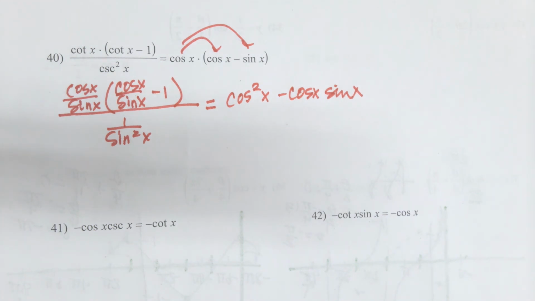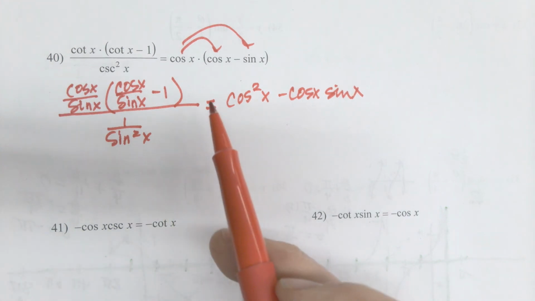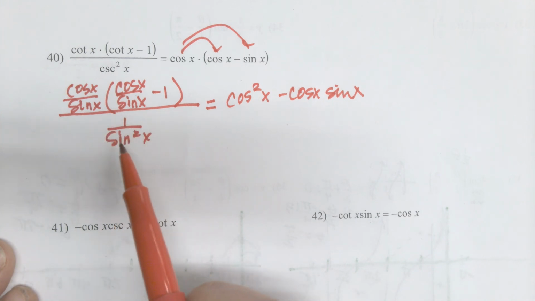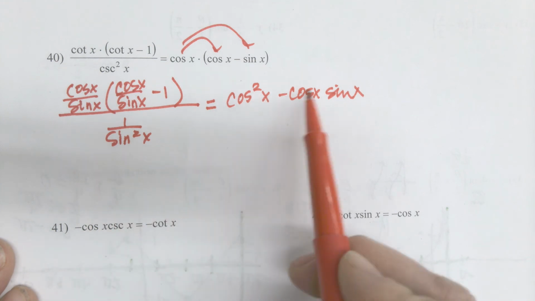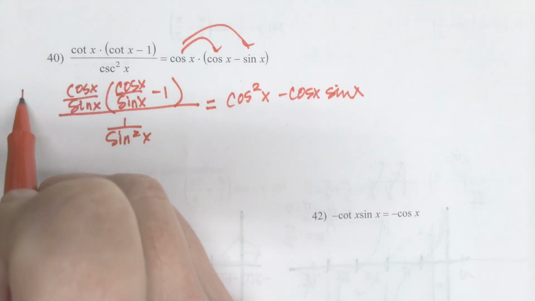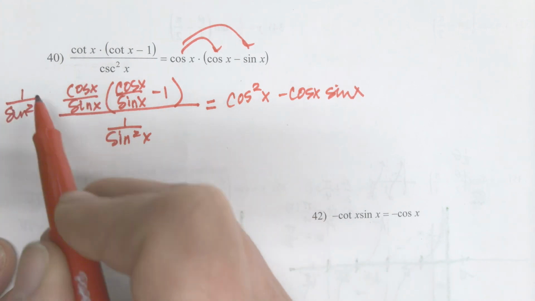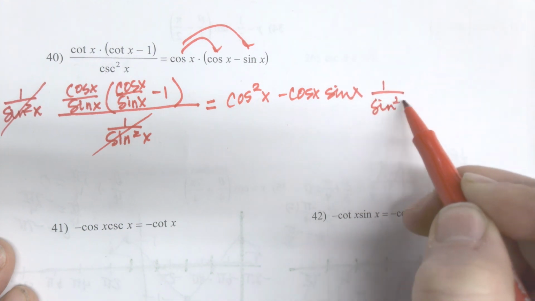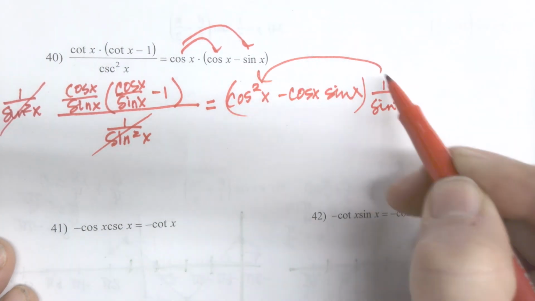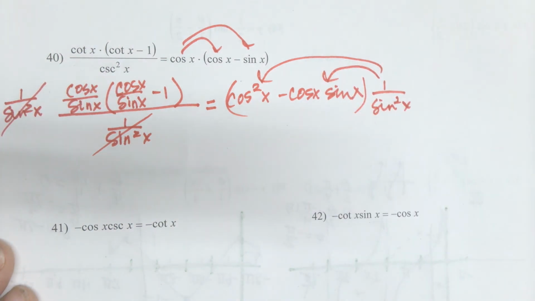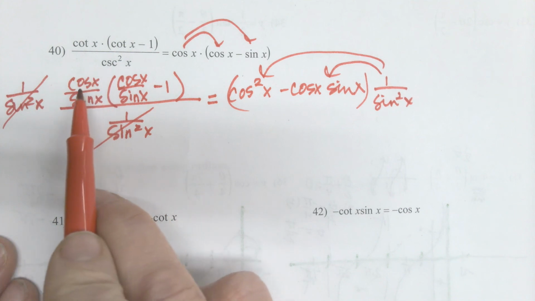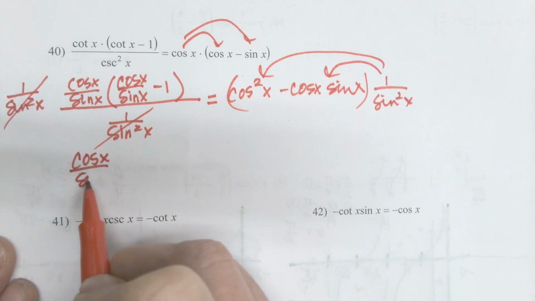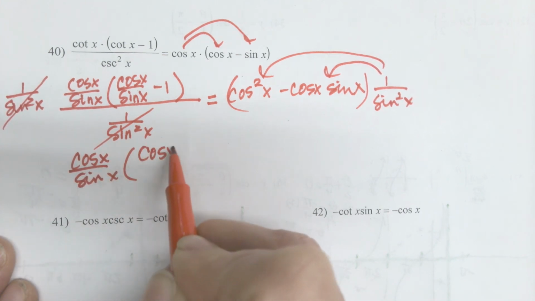Good? Okay. And again, a lot of ways to go, but maybe I think I want to multiply that denominator out. I kind of like doing that because there's so many fractions going on. So if I multiply by the denominator 1 over sine squared x, it's going to cancel it off of this side, but I have to multiply it on the other side as well, and I'm going to have to distribute it throughout. So on the left, I still have cosine over sine times cosine over sine.